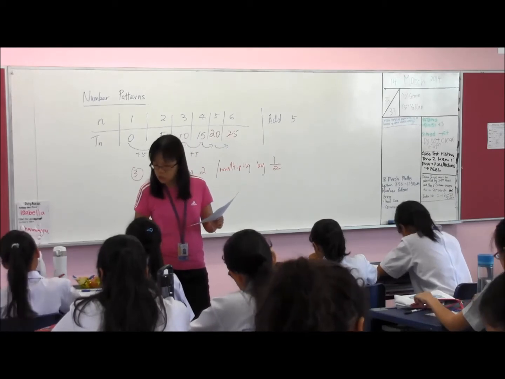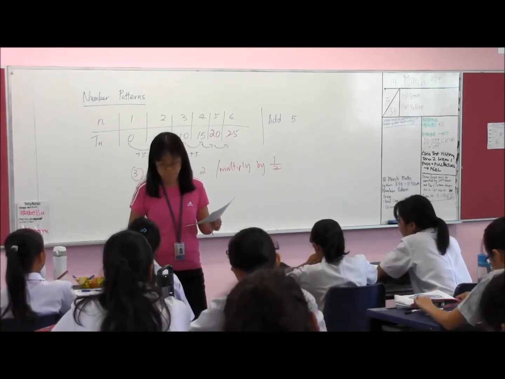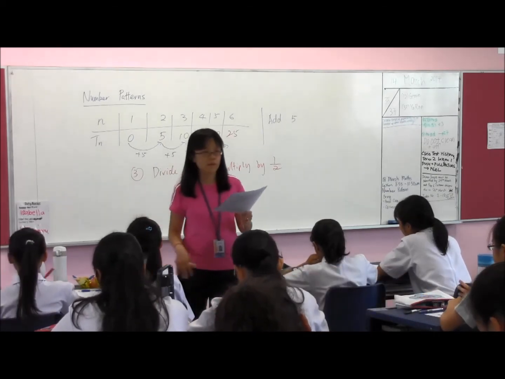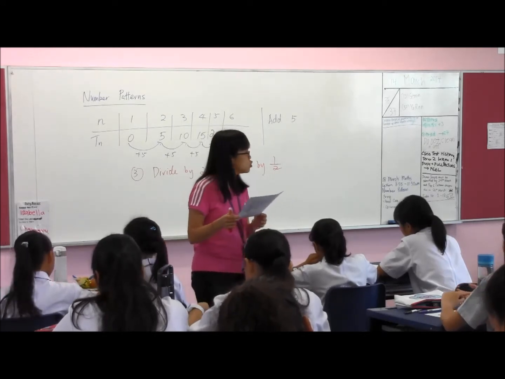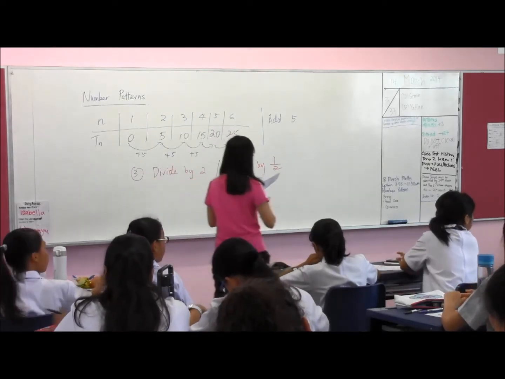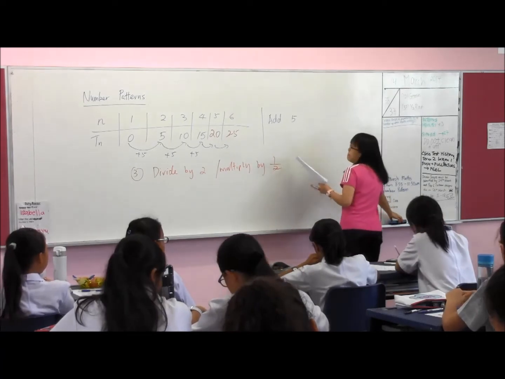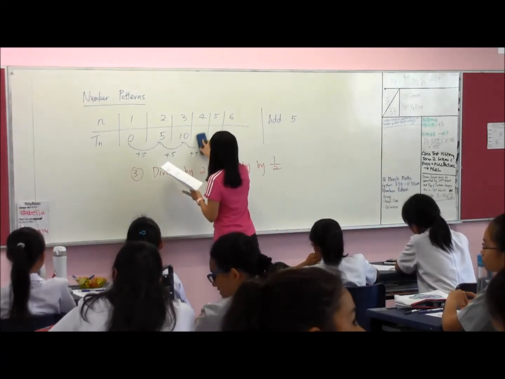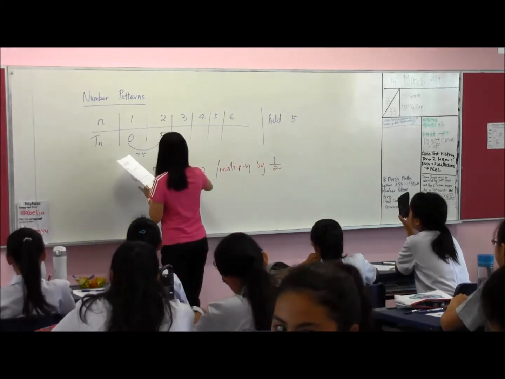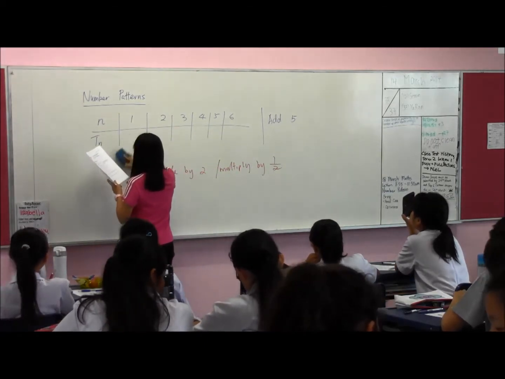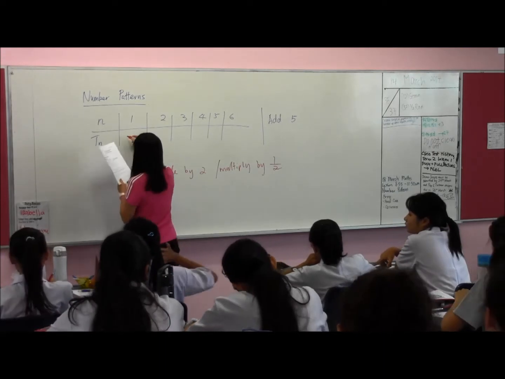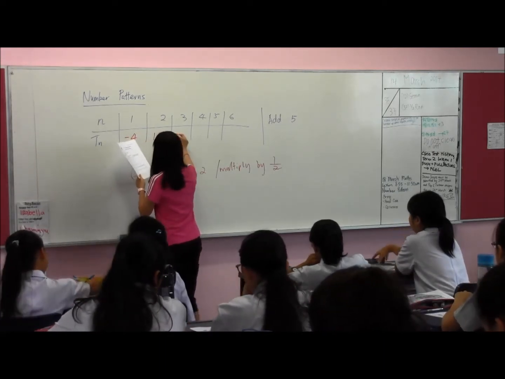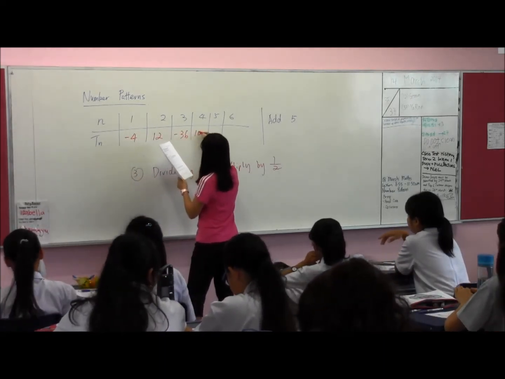And when n equals 6, positive 972. You don't understand? The last one only, is it? Okay, the last one you can see is minus 4, 12, minus 36, and 108.